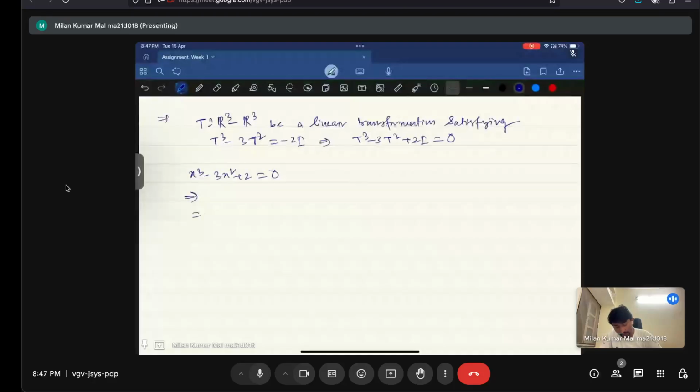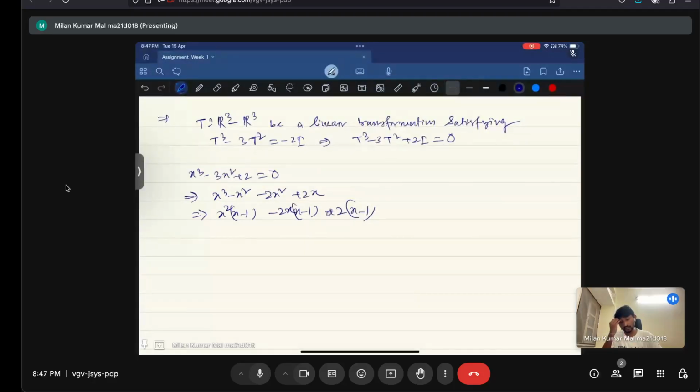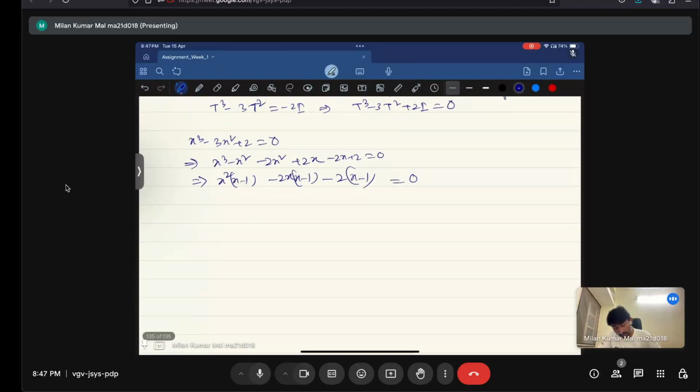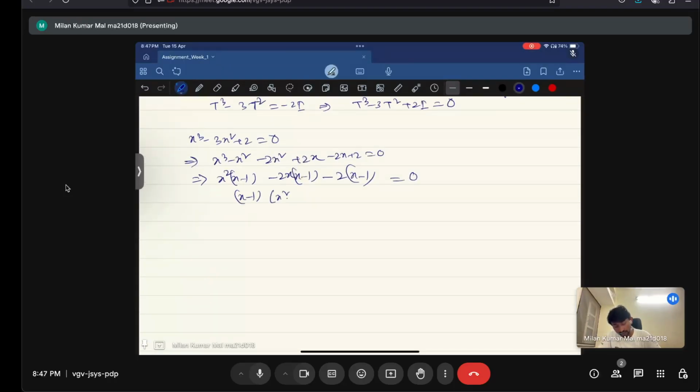So I can write (x minus 1)(x squared minus 2x minus 2) equals 0.